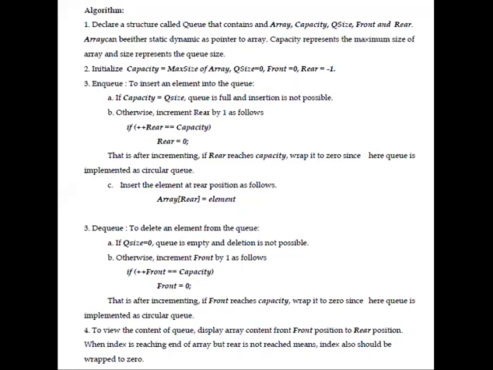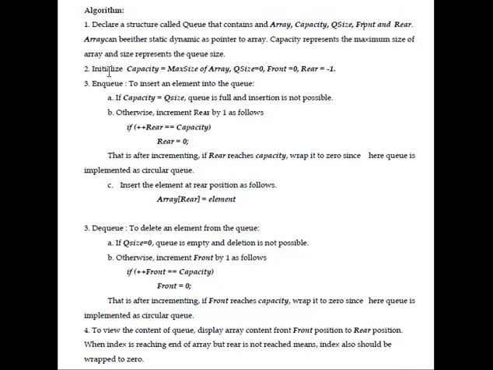This is the algorithm to follow for producing the program for queue operations. First, we declare a structure called queue. Whatever variables we want to declare, we declare them in the main function: the array, the capacity, queue size, front and rear. These are the variables we need in the program.